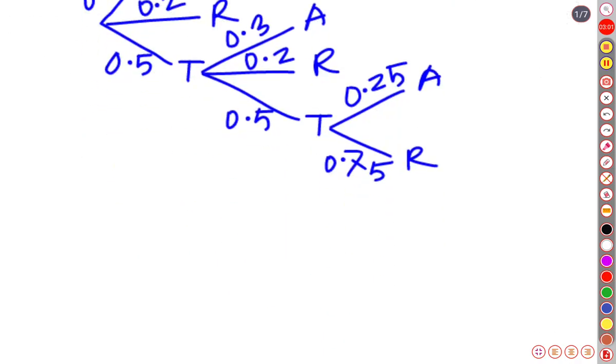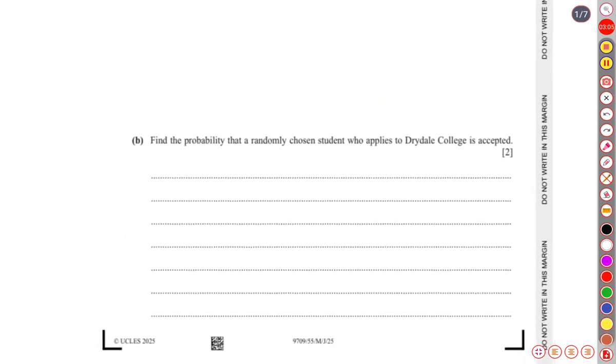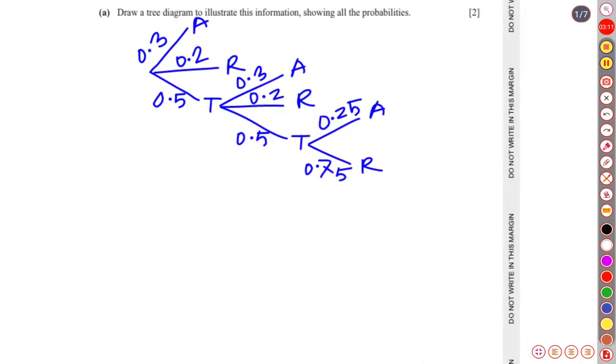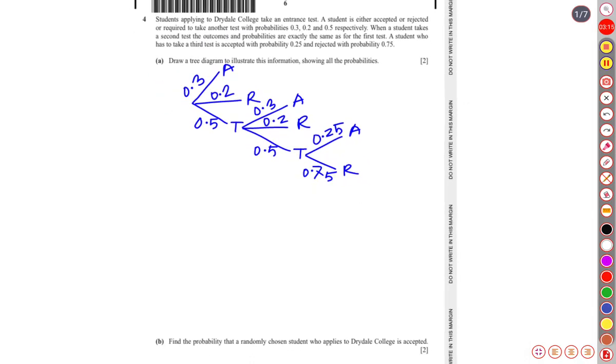The next question says: find the probability that a randomly chosen student who applies to Drydale College is accepted. For acceptance there are actually three possibilities.